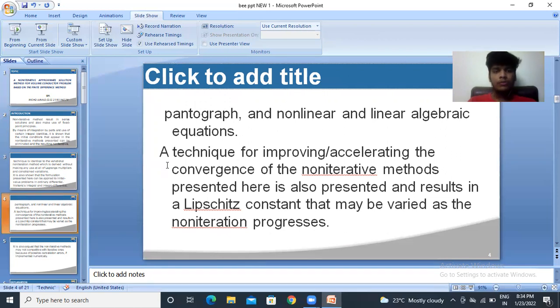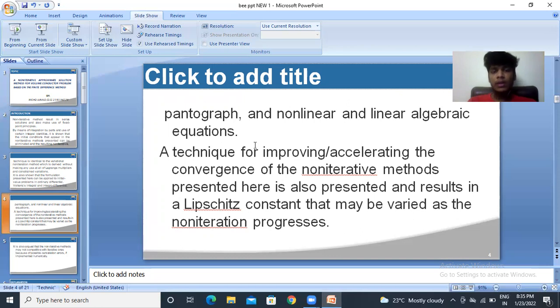Now a technique for improving or accelerating the convergence of the non-iterative methods presented here is also presented and results in a Lipschitz constant.